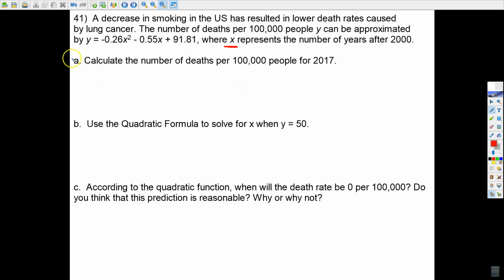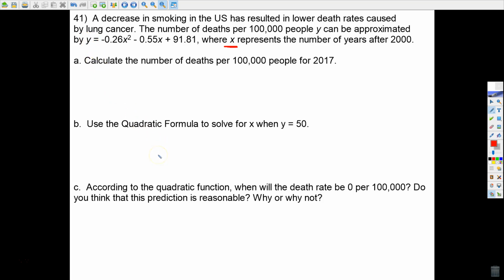So part A is pretty simple. You're just going to let x be 17. Grab your calculator and you can crank it out. Letter B is pretty straightforward, I think. Use the quadratic formula to find x if you let y be 50. So plug 50 in.